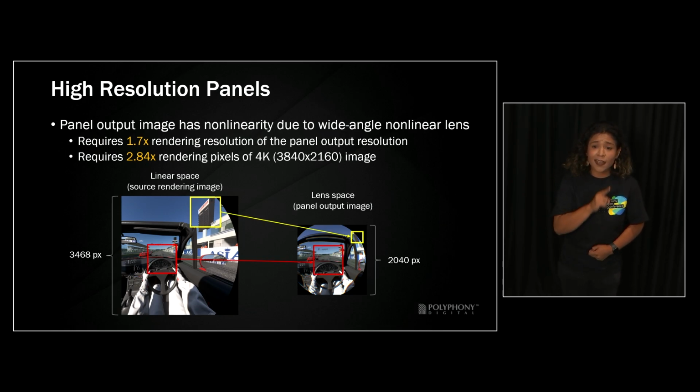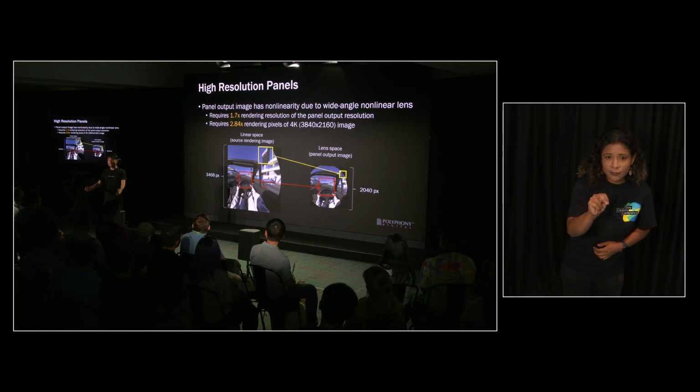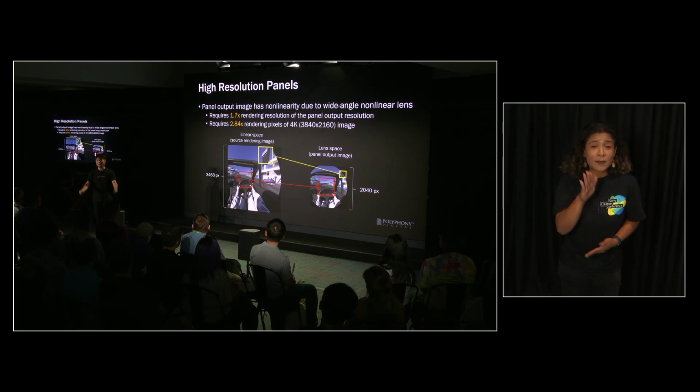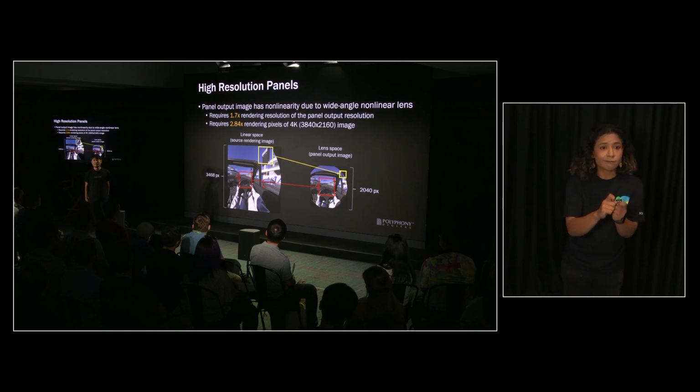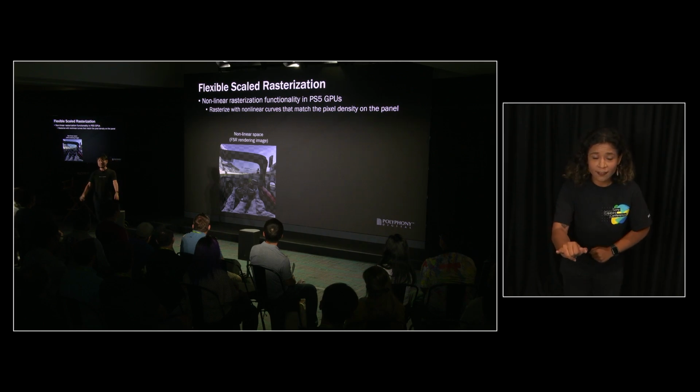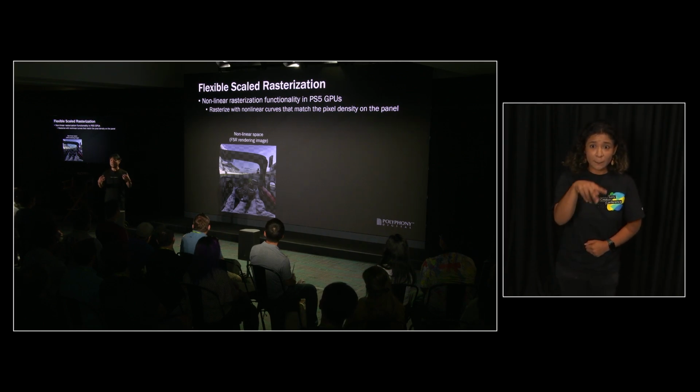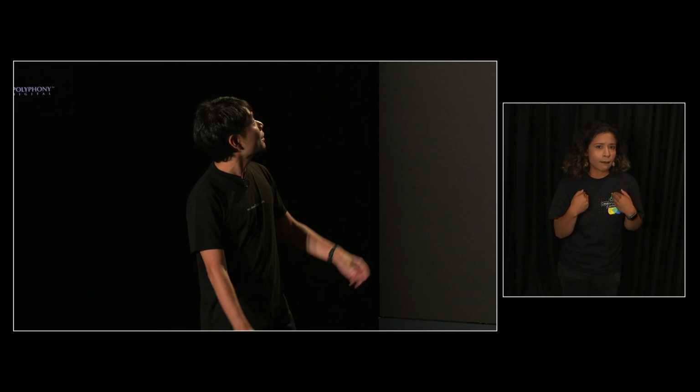Actually, due to the non-linearity of the lens space, the edge of the source rendered image can have a lower resolution. In other words, it would be nice if we could rasterize non-linearly. PSVR2 can do this. PlayStation 5 GPUs have a hardware feature called flexible scaled rasterization.